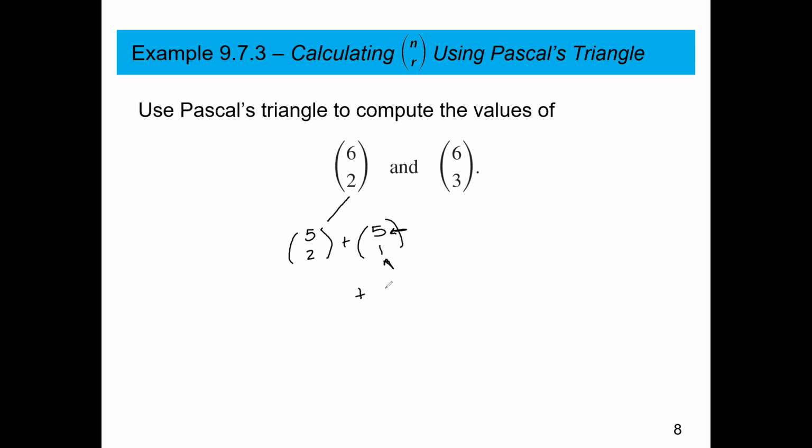Well, 5 choose 1 is always easy. Any number K choose 1 is always K, because I have K things. How many ways are there to choose 1? Well, there are K ways to do it. That one's pretty easy.